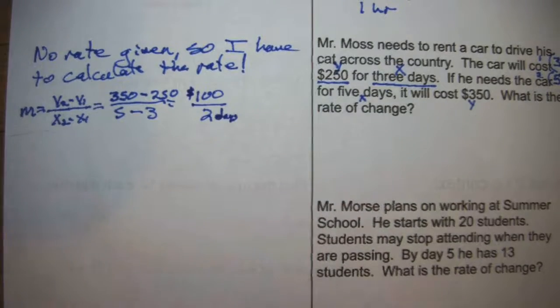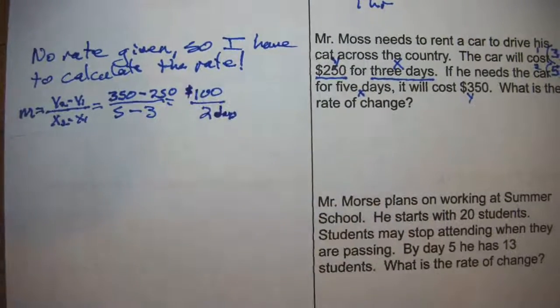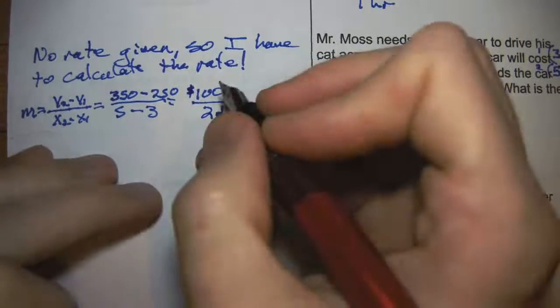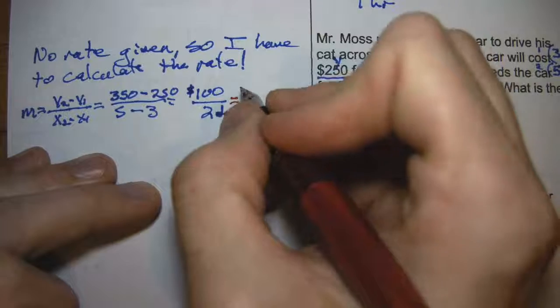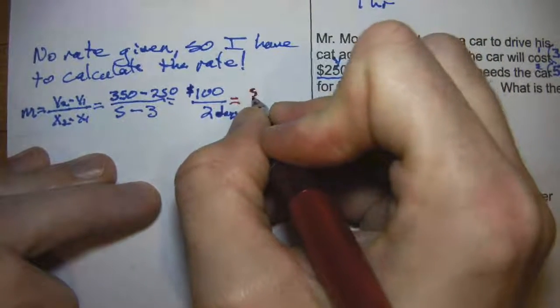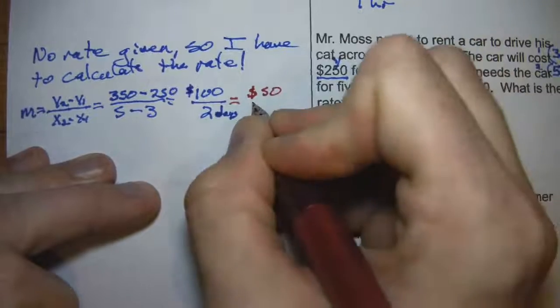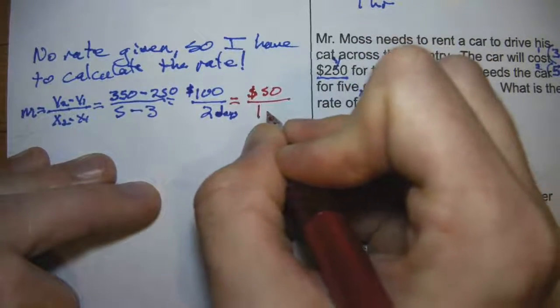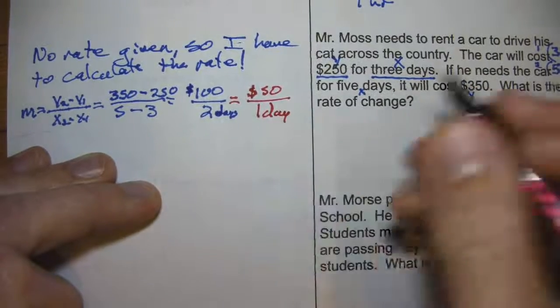That's a perfectly fine rate, but notice that fraction, 100 over 2, could be simplified. And if we do that, it's going to make this number mean a lot more to us. I know that 100 divided by 2 is 50. So a better way to describe this particular rate is that it's going to cost Mr. Moss $50 per day.